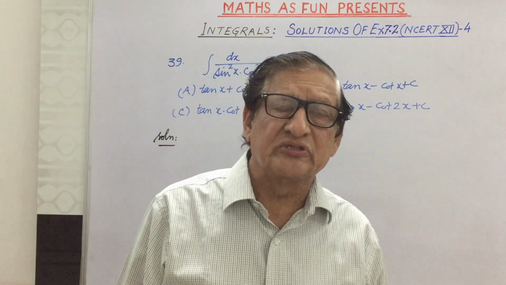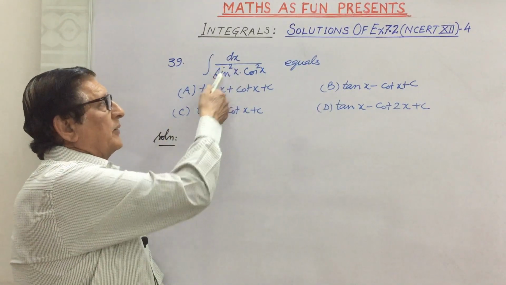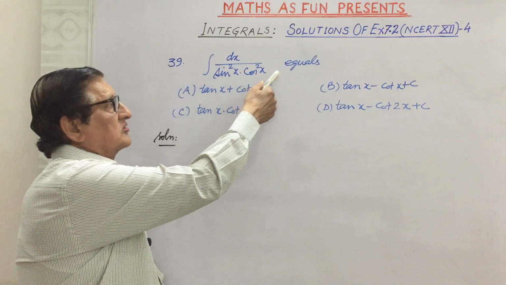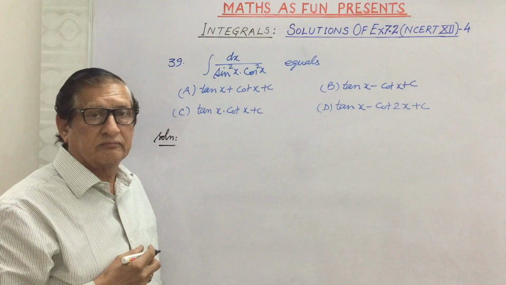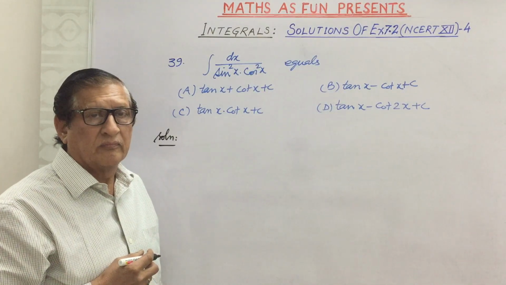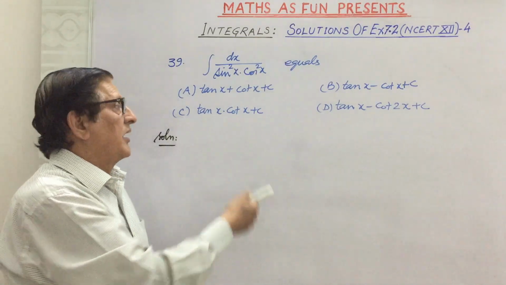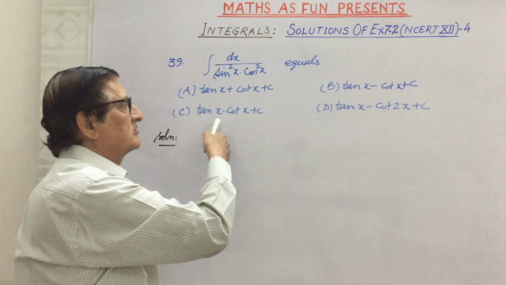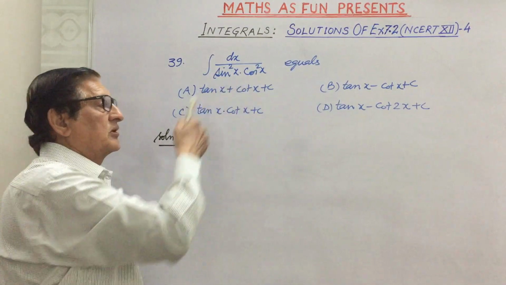The last question of the exercise, that is the 39th question, is the integral of 1 upon sin^2 x cos^2 x. The 4 options have been given here. According to the options we have to select the solution, and since plus or minus signs have been given here, we will convert it into 2 parts.